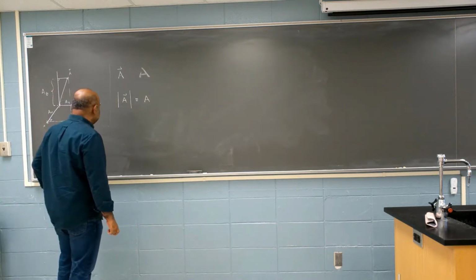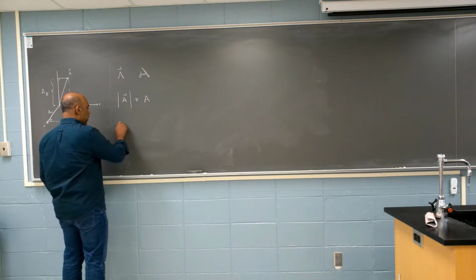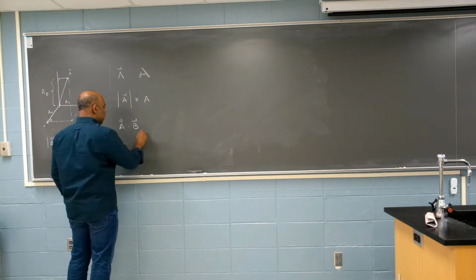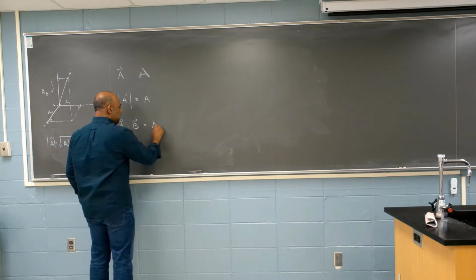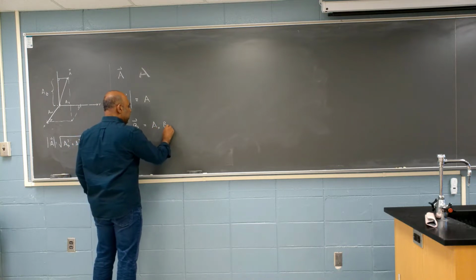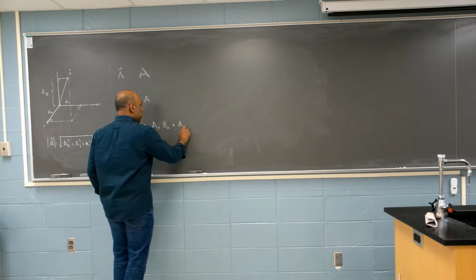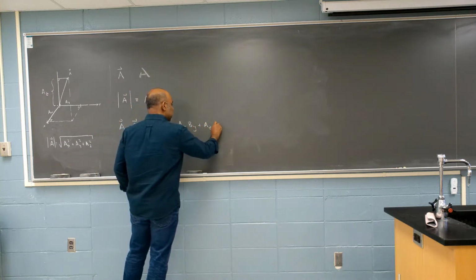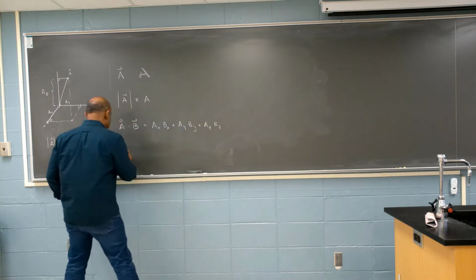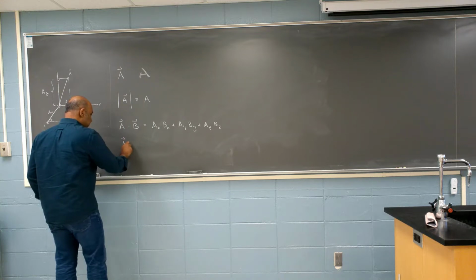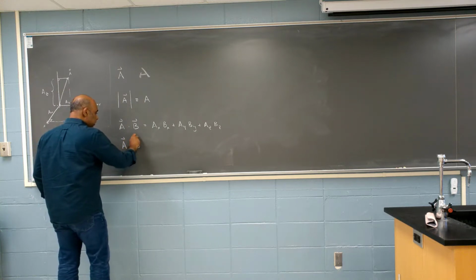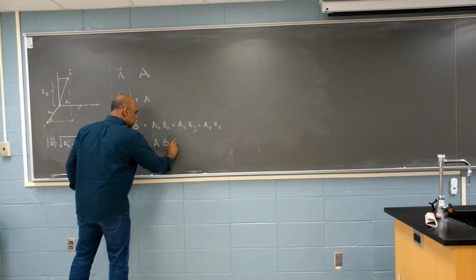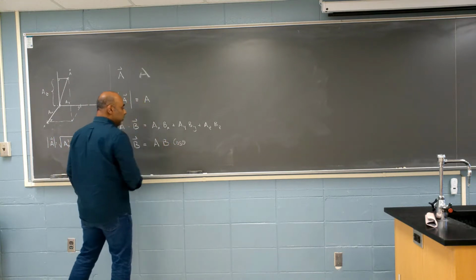Okay? And then we talked about the dot product. And this was AX BX plus AY BY plus AZ BZ. And we had a geometric interpretation as well. Now I can write it as AB times cosine of the angle between them.